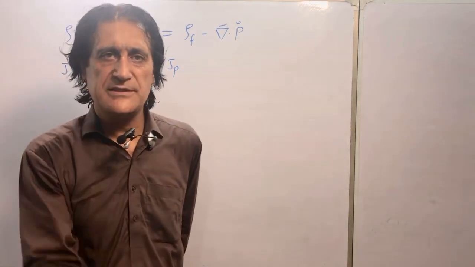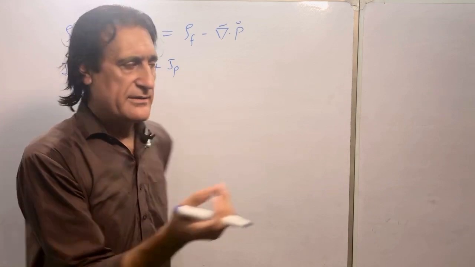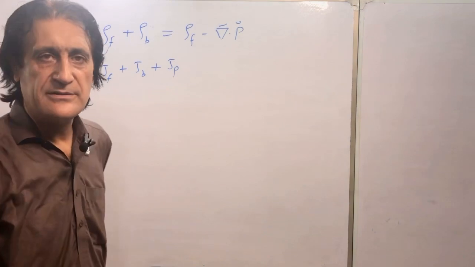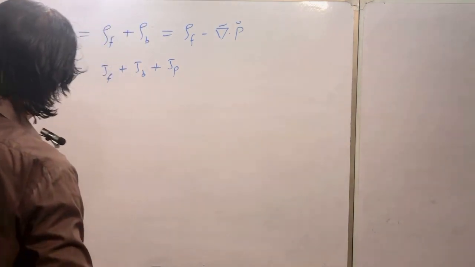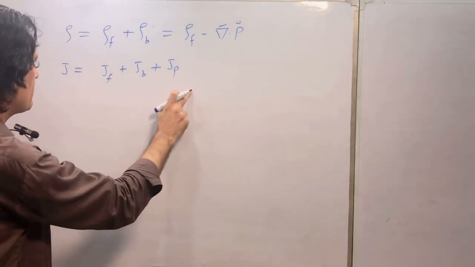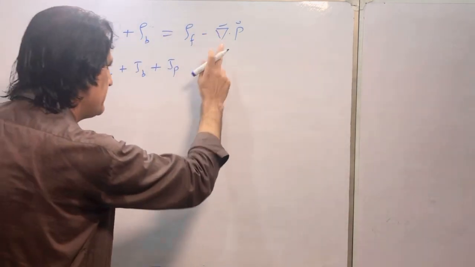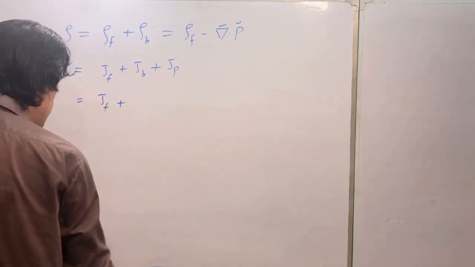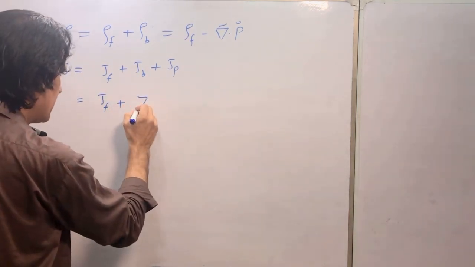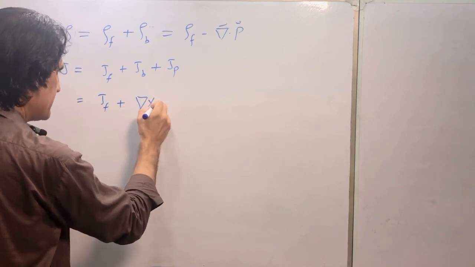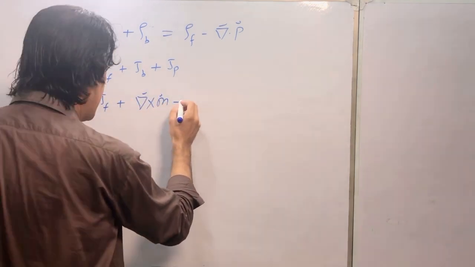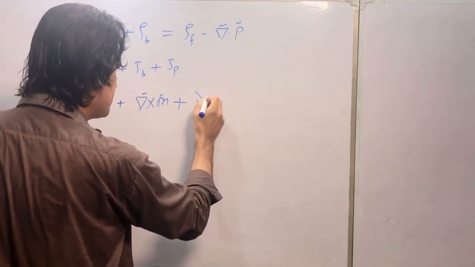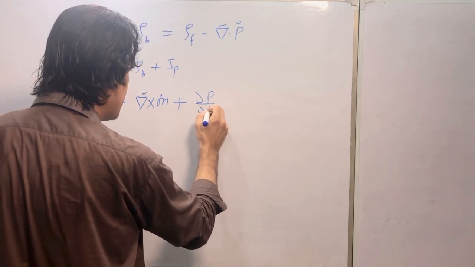If we have all these in a material, then the total current density will be equal to this and the total charge density equal to this. Further, for JB we already know the bound current density is del cross M, and JP is equal to partial P over partial t.